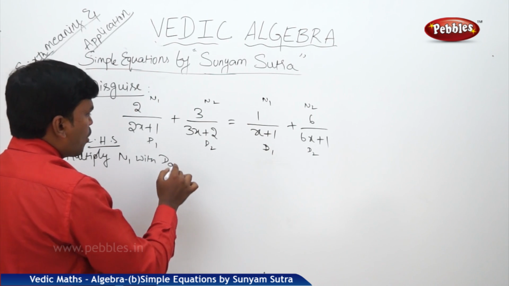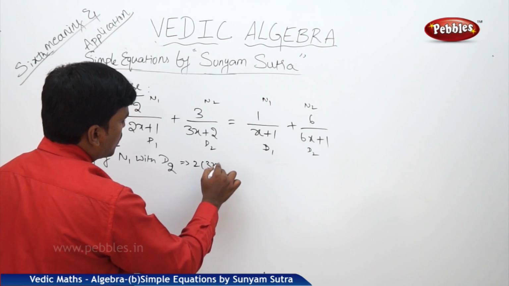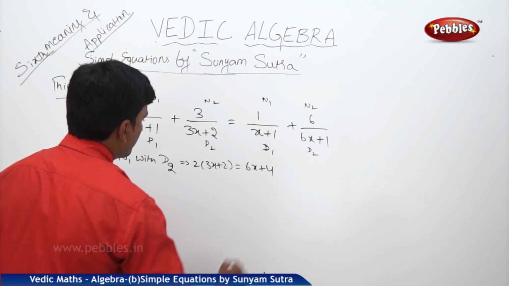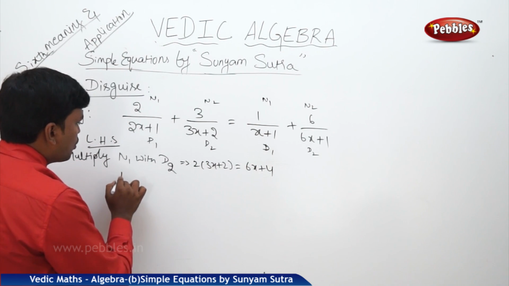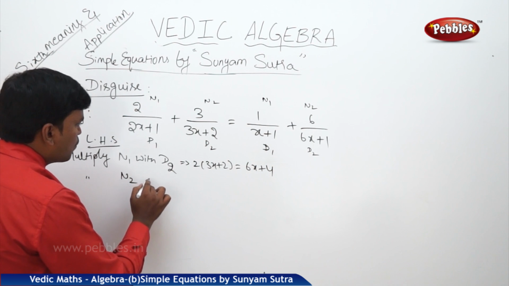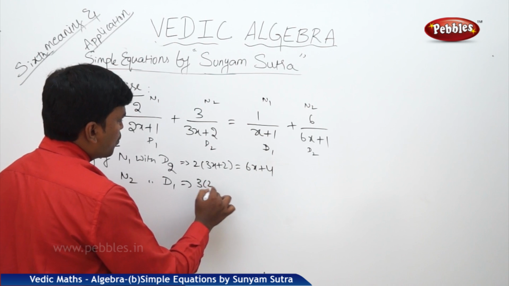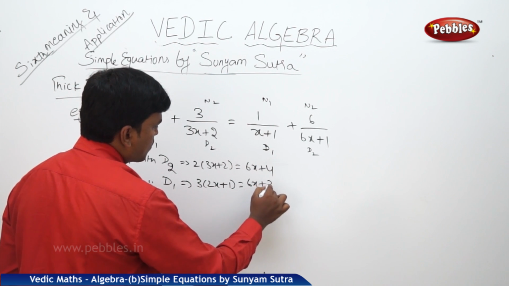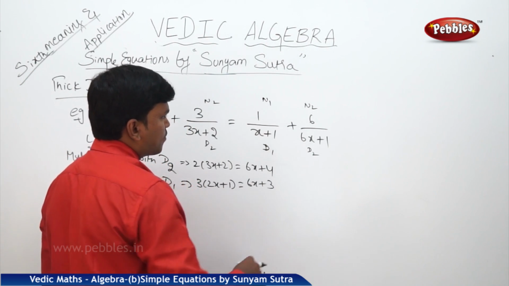How much will you get? 2 into 3x plus 2, 6x plus 4. Similarly, multiply numerator 2 with denominator 1, that is 3 into 2x plus 1. How much will you get? 6x plus 3.